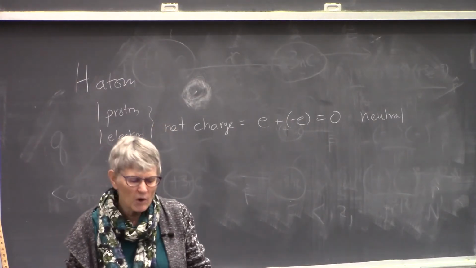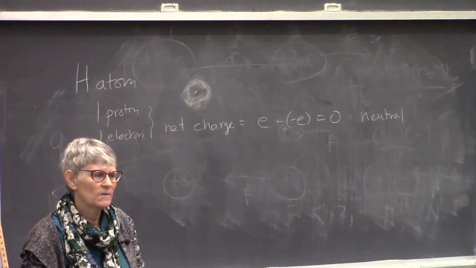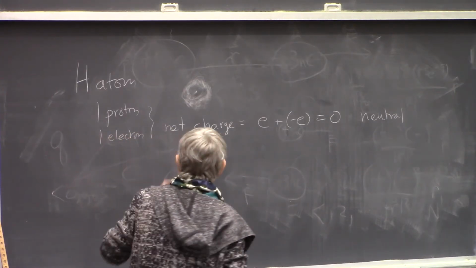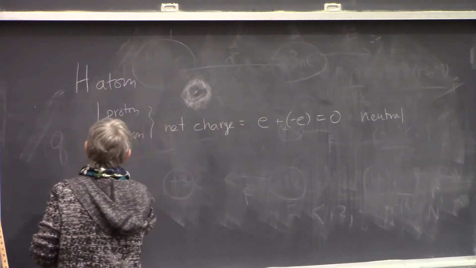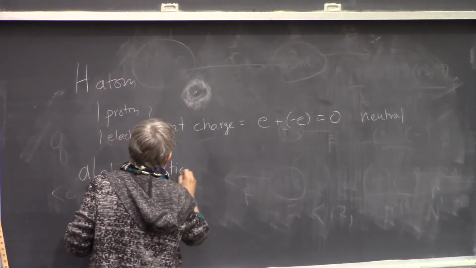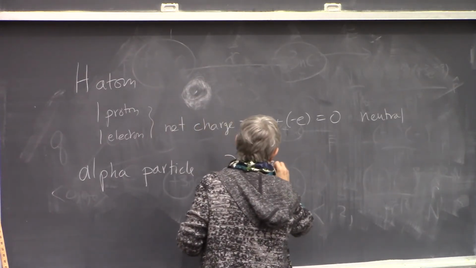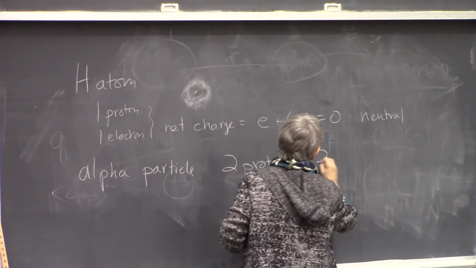If an object has more protons than electrons, it has a net positive charge. So an alpha particle, for example, consists of 2 protons and 2 neutrons.